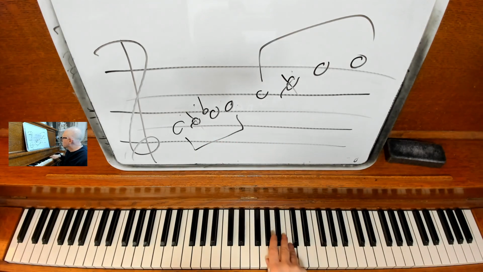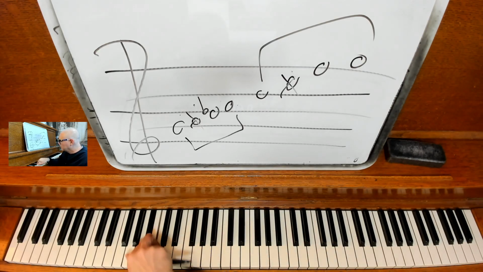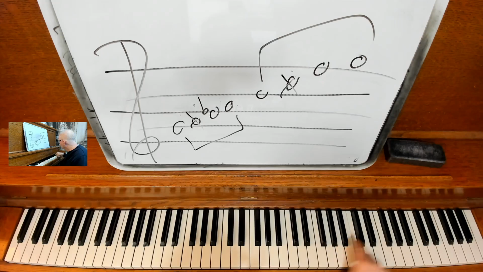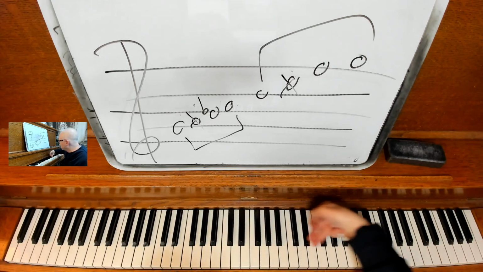So, isn't that easier, just to learn 3 notes? All you have to know is 3 notes. Notice I'm repeating a note when I do that. G, G. Right? That's this sound again, right?